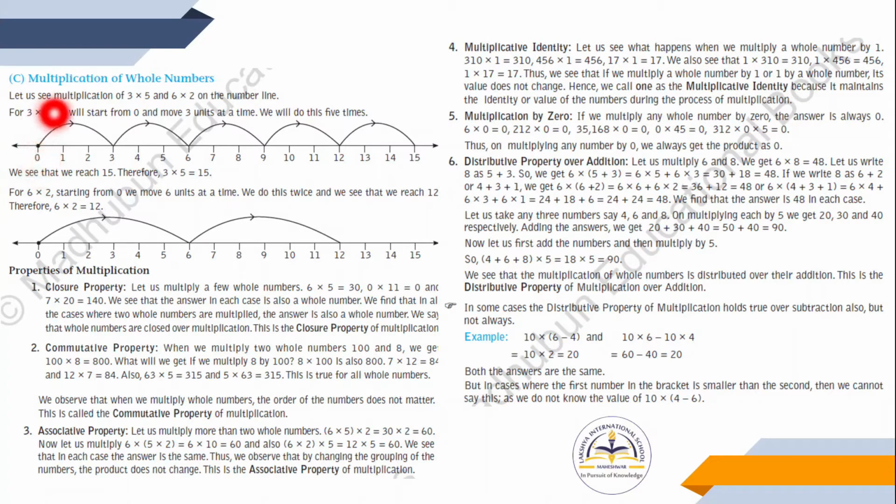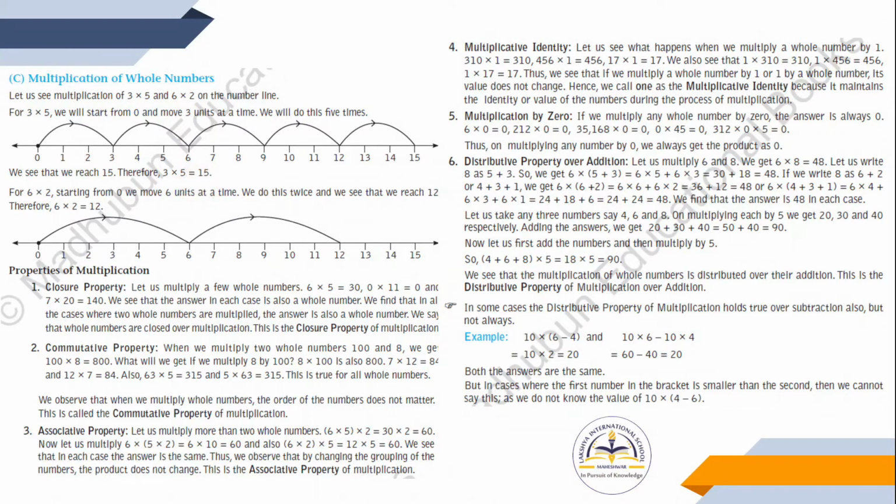First we will start from 0 to 3. Now, 3 is multiplied 5 times, so we have to take 5 times: 1, 2, 3, 4, 5. So there are 5 times with 3 intervals: 3, 6, 9, 12, 15. So 3 into 5 equals 15.